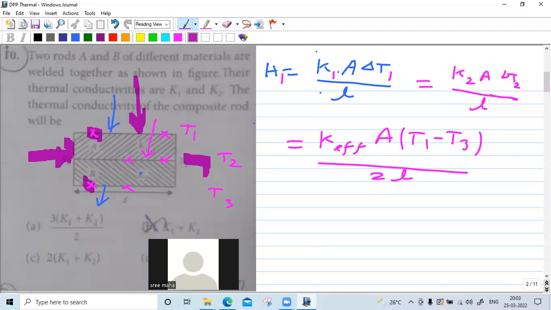I'm assuming it's top to bottom, and I'll get the answer. If it's from left to right, it's simple. It will be K1 plus K2. So I'm assuming it's top to bottom. Okay, how did you get it as K1 plus K2 by 2? That's what I'm doing. Hold on.